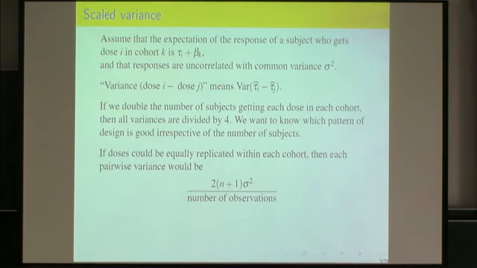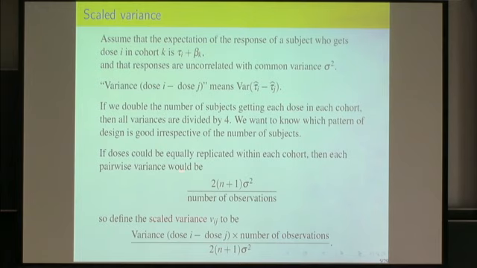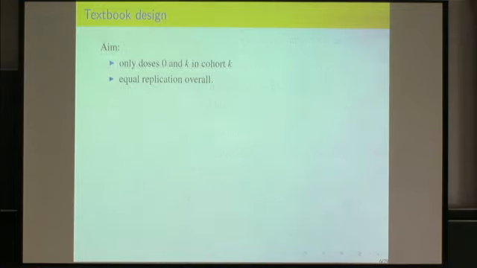So let's scale by that and say the scaled variance, Vij, is the variance we want to know divided by that thing. And if I only look at scaled variance, I can't cheat by simply increasing the number of people.